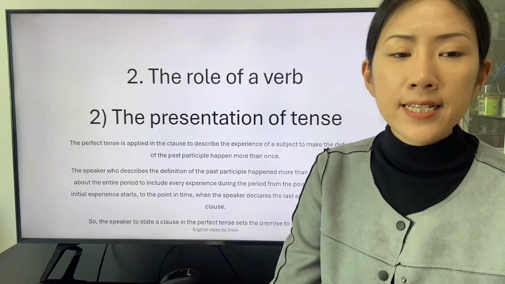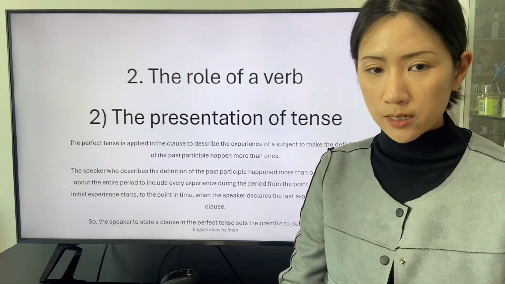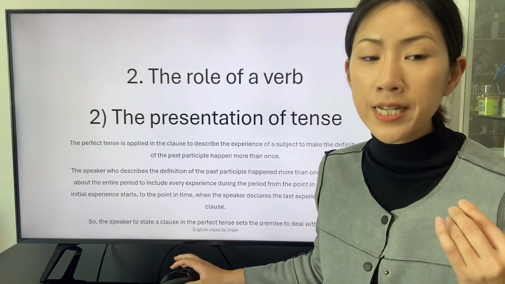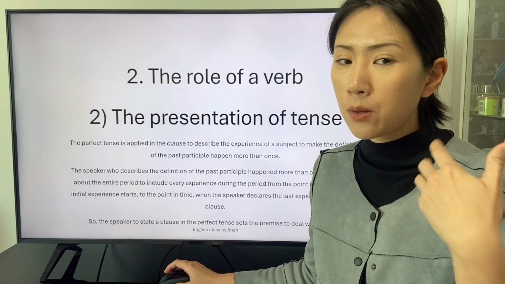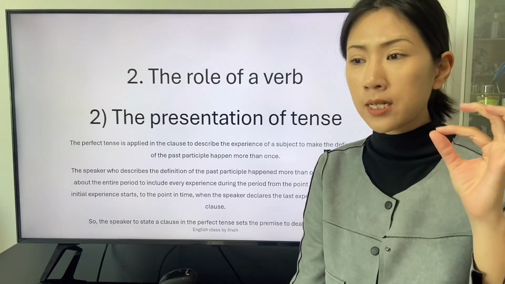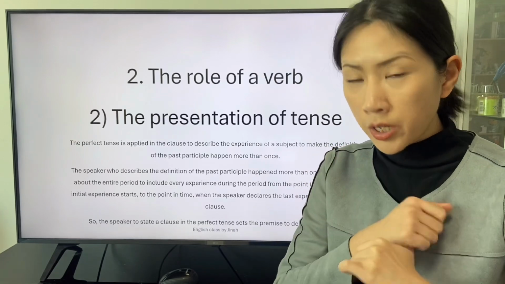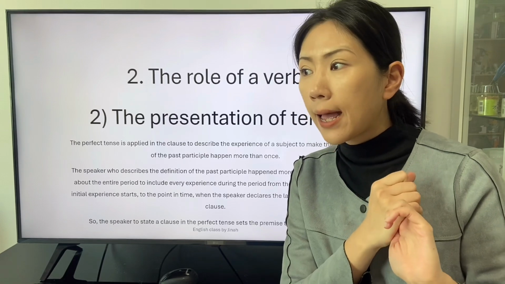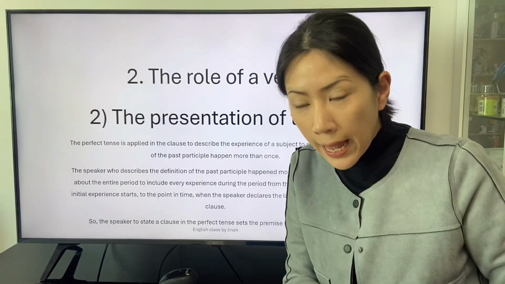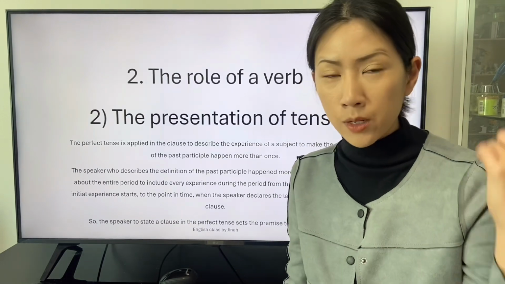The perfect tense is applied in the clause to describe the experience of a subject, to make the definition of the past participle happen more than once. The point is that the experience refers to an experience, a condition, or an action that happened or is happening more than once.